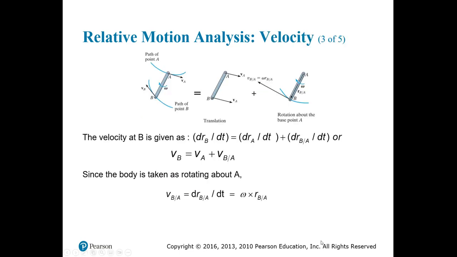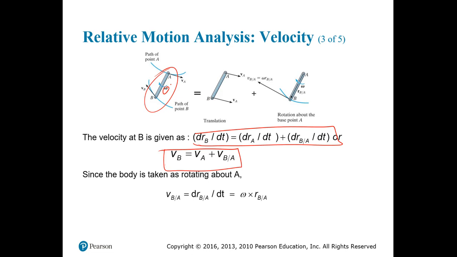So for velocity, it's very similar to what you've been doing until now. You take your position equation, the one that we developed in the previous slide, and then you differentiate that with respect to time. When you do, you will get this equation right here: velocity of B is equal to velocity of A plus the relative velocity of B with respect to A. What is very important for us to see is that you have an initial bar with 2 points, and this bar has an angular velocity, which is what is causing the rotation part.